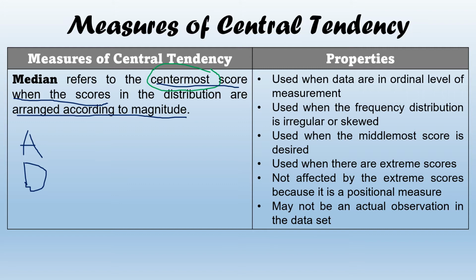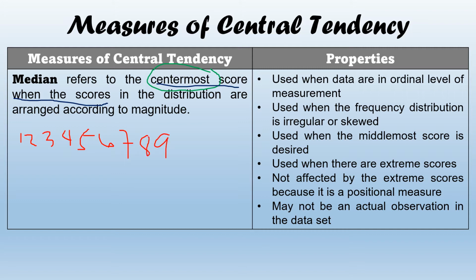So let's try to look at median. Sige, pakita tayo ng a very quick na example siguro para mas ma-appreciate natin itong sinasabi natin. Okay. Like for example, meron tayong arrange natin one, we have two, we have three, we also have four, we have five, arrange natin lang automatically. Six, seven, we also have eight, nine, okay, nine tayo.